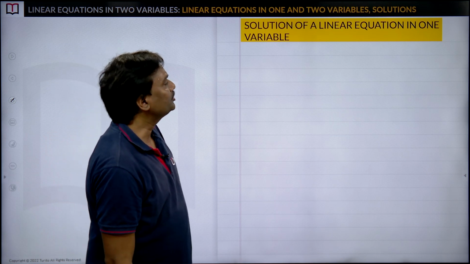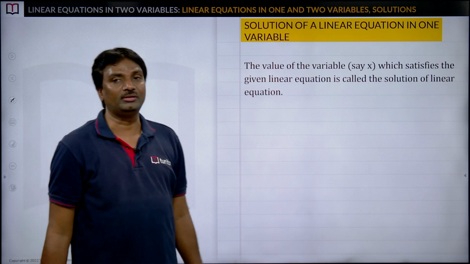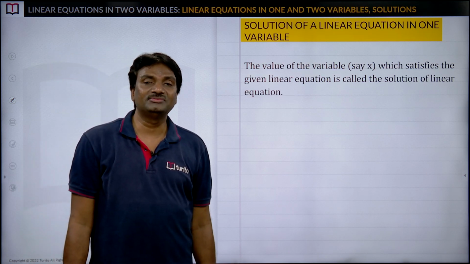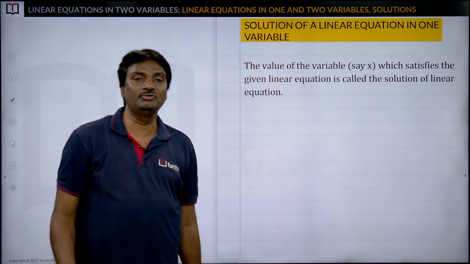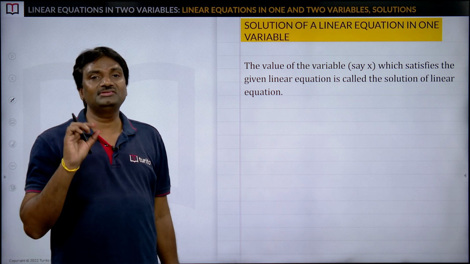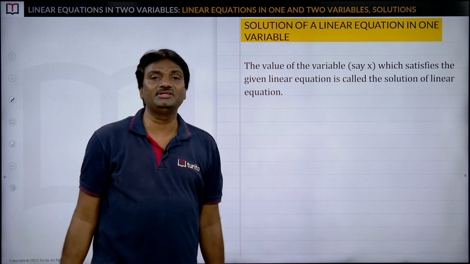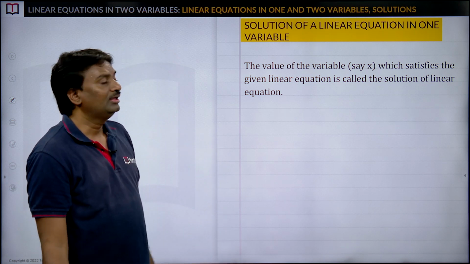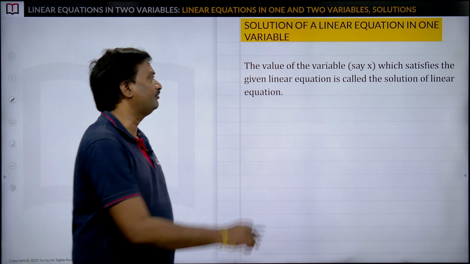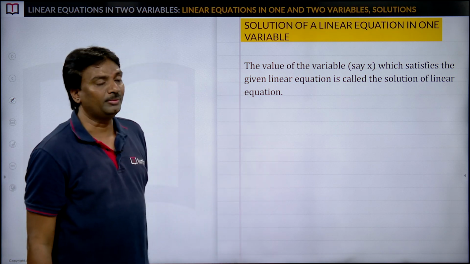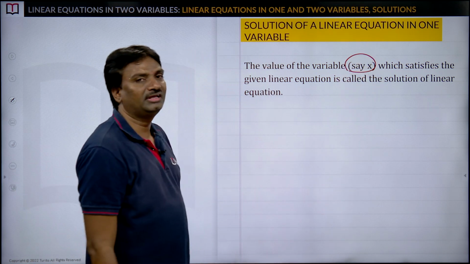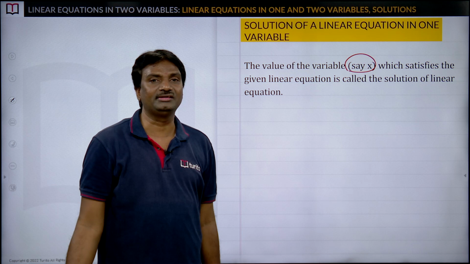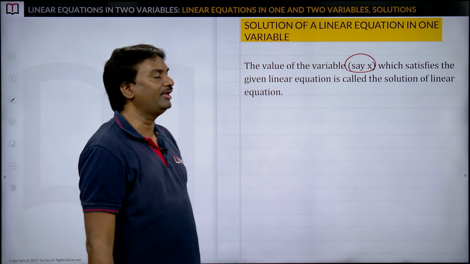Next, solution of a linear equation in one variable. Solution means the value of the variable which satisfies the given linear equation. If you suppose the variable is x, it is not necessary to take x only, you may take y, k, t, whatever the variable may be.